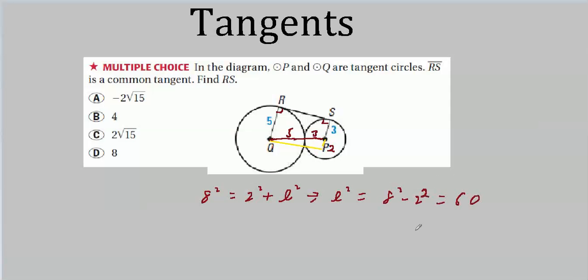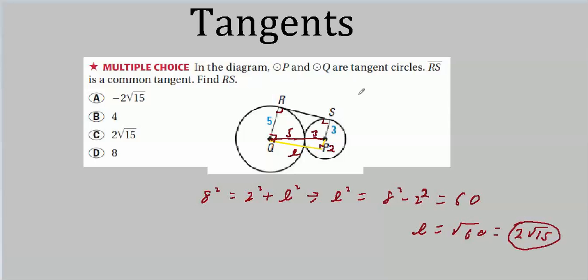So L would be the square root of 60, and that's 4 times 15, right? So 2 times the square root of 15. That's L. But when I completed this, and this is a right angle here, and this is a right angle, that means RS has to be the same as our L down here, which is 2 times the square root of 15.